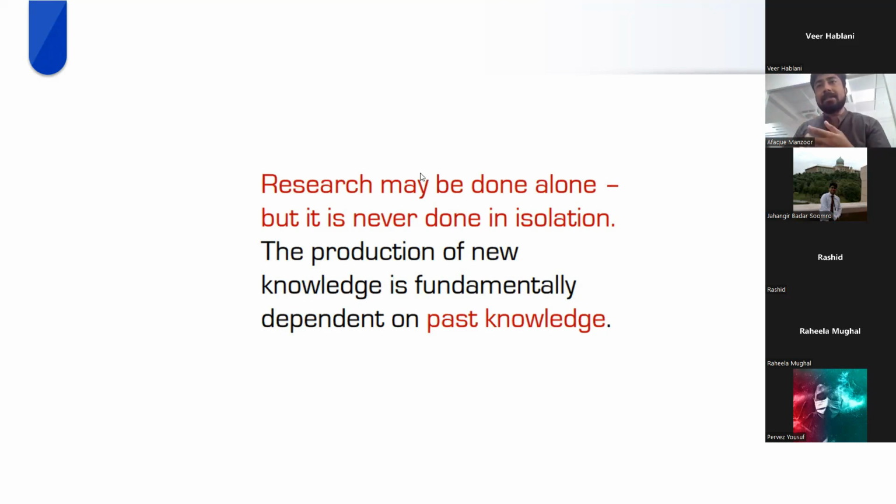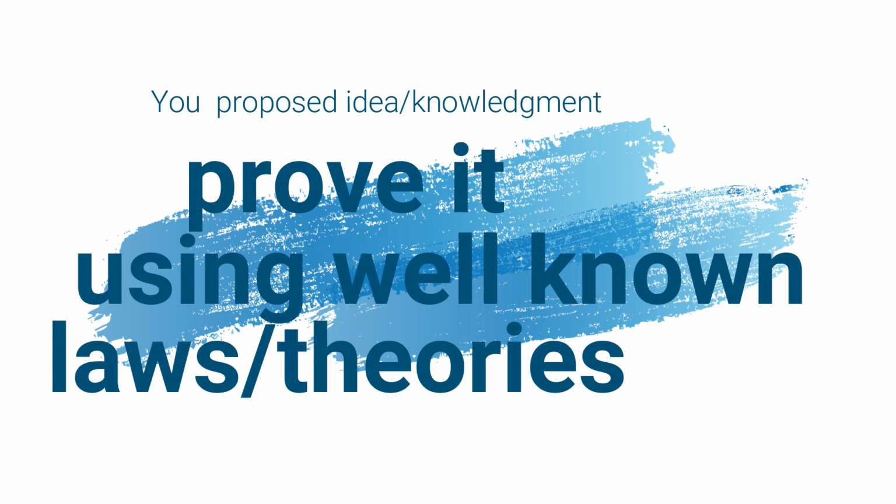That's the main reason the scientific society is getting larger day by day. Everyone has done something, and then, for example, Afak's group comes and tries to introduce a new thing or an improvement into already done work, and that's how things should be. The production of new knowledge is fundamentally dependent on past knowledge.